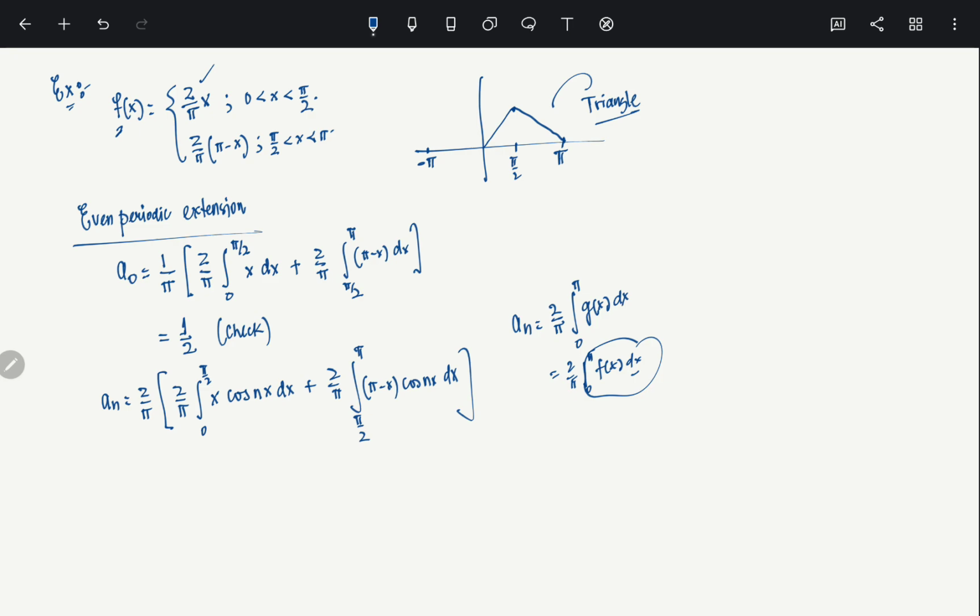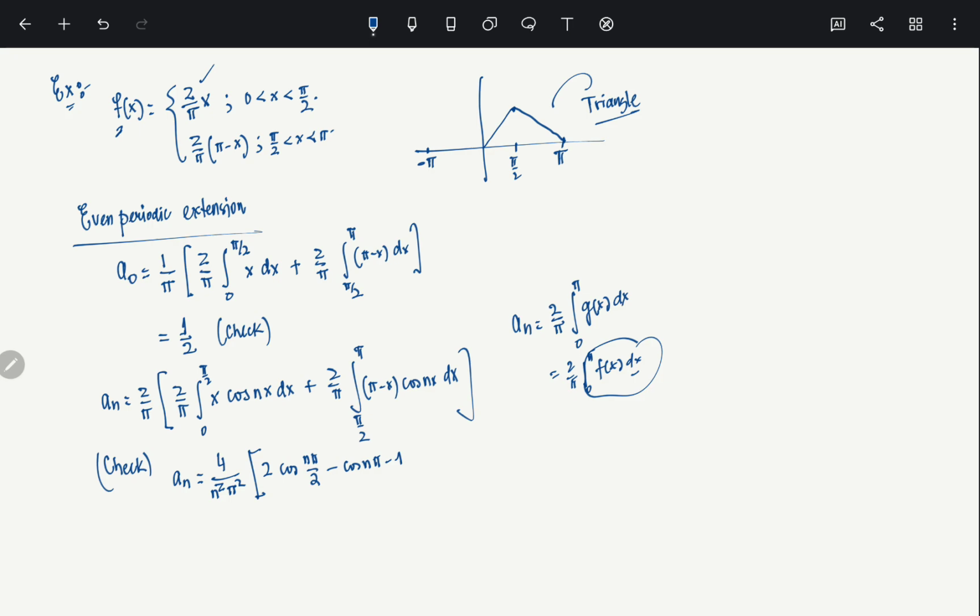Okay, so please check this yourself. Essentially, I will just write down what the a_ns are. In this case, a_n is 4 by n square pi square, and then 2 cosine n pi by 2 minus cosine n pi minus 1.